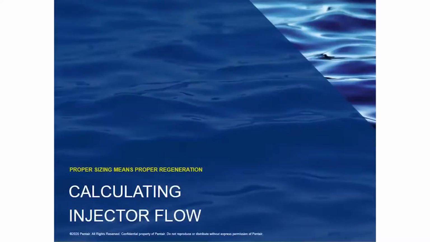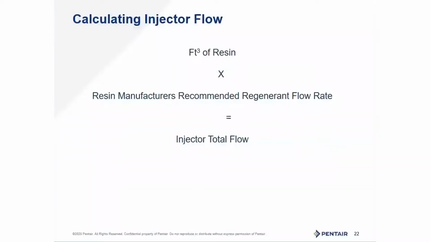So now to nuts and bolts and figuring this stuff out, how to calculate injector flow. Well, we need to know how much resin we're dealing with, right? Because all those specifications from the resin manufacturers are for 1 cubic foot of resin.